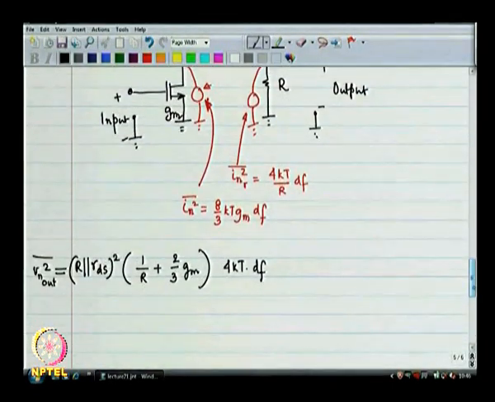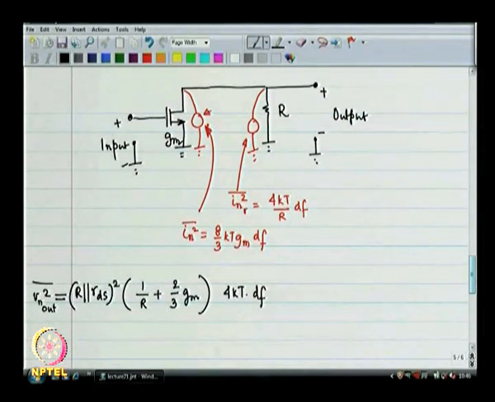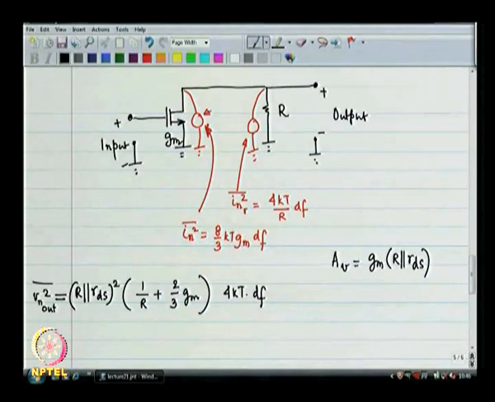All right. Now, the question is, what is the input referred noise? What is the input referred noise of this? So, the gain of this is gm times R parallel RDS, that is the gain. Right. So, if I have to get so much voltage at the output, then I have to apply so much voltage divided by the gain at the input.